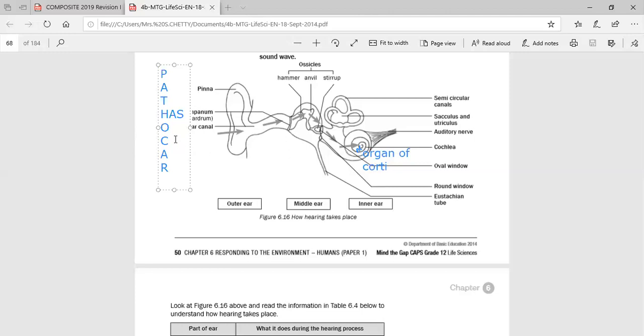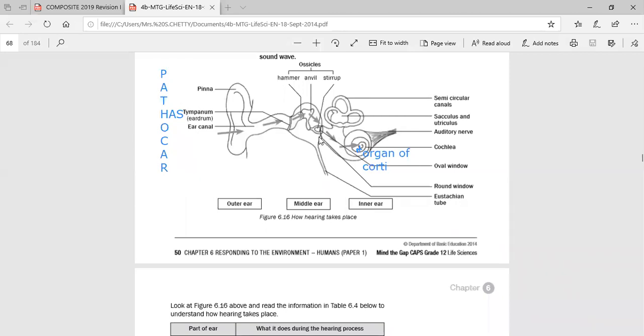The organ of Corti, where? In the cochlea. Impulses are created, taken by A, the auditory nerve, to the cerebrum, where the impulse is interpreted.